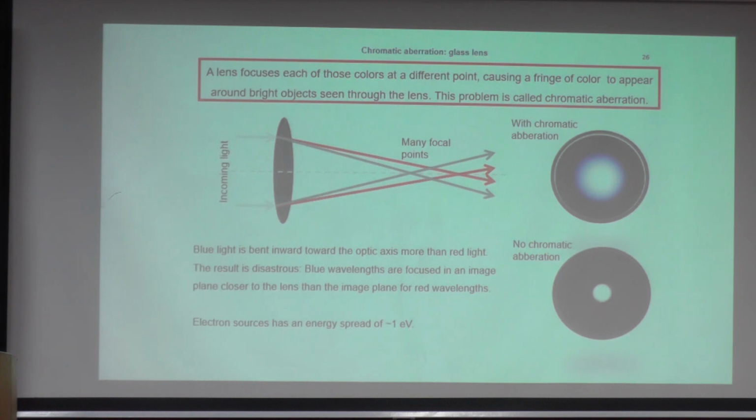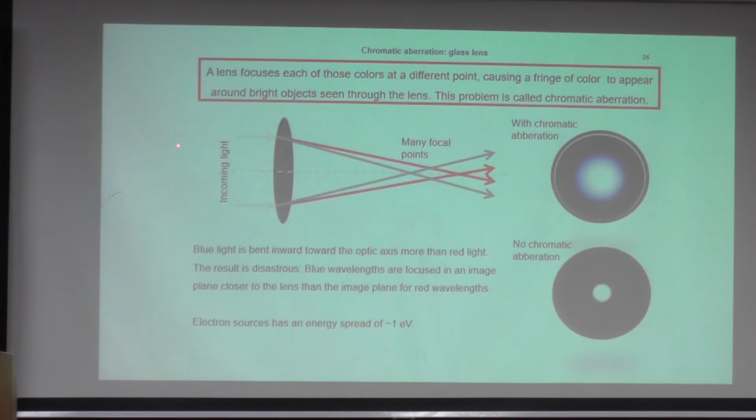So now the chromatic aberration, again for glass lenses. Chromatic aberration is when a lens focuses each of those colors at a different point, causing a fringe of color to appear around bright objects seen through the lens. This is a problem called chromatic aberration correction.